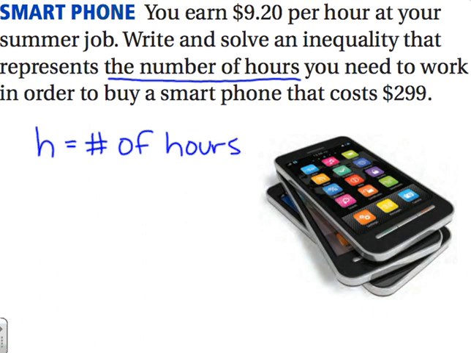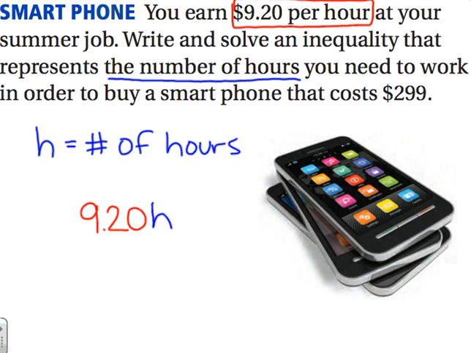Okay, because you make $9.20 per hour, that means you're going to multiply $9.20 times the number of hours. Okay, we need to kind of think this through. If you're buying a smartphone that costs $299, and maybe we're assuming that that includes taxes and fees and all of that, in theory, we could make exactly $299.